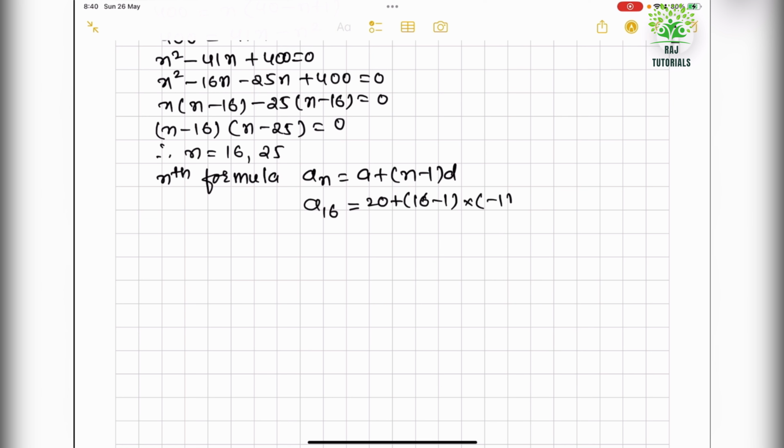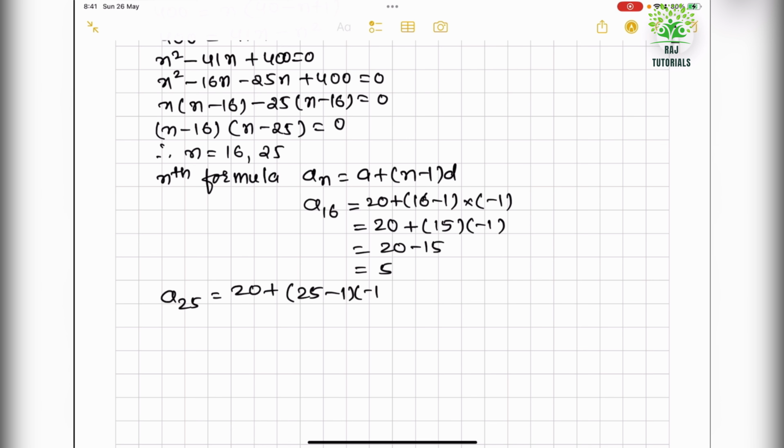So d was minus 1. So that is 20 plus 15 into minus 1, so that is 20 minus 15, so 5. And if 25th term I do, a25 equal to 20 plus 25 minus 1 into minus 1.